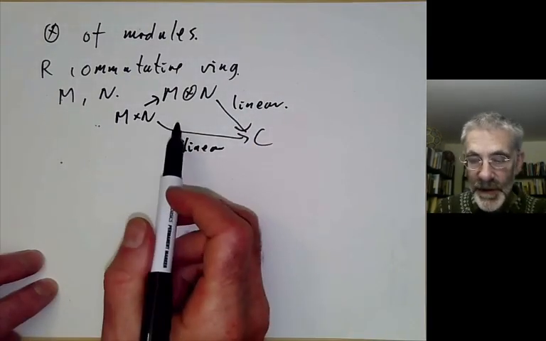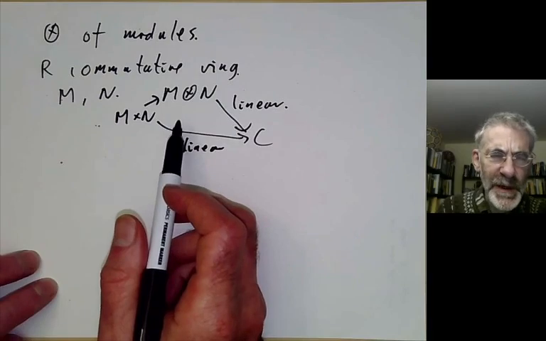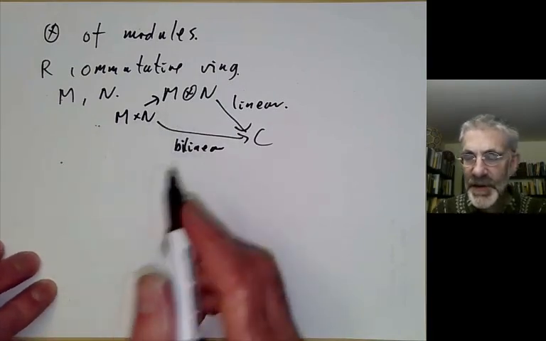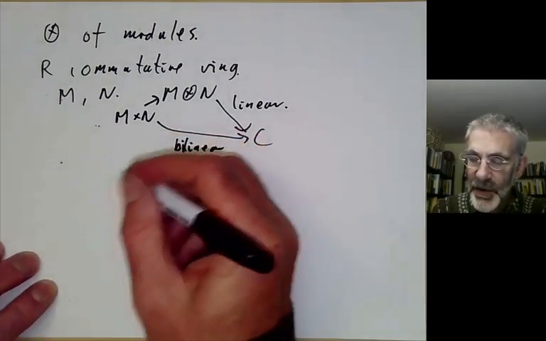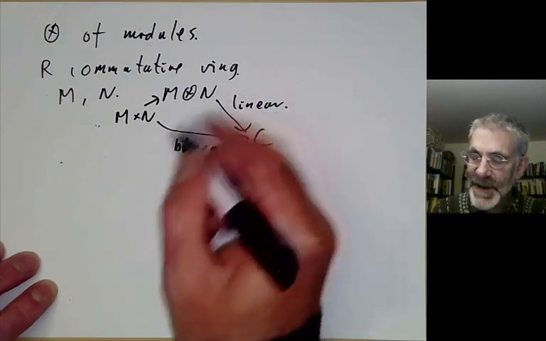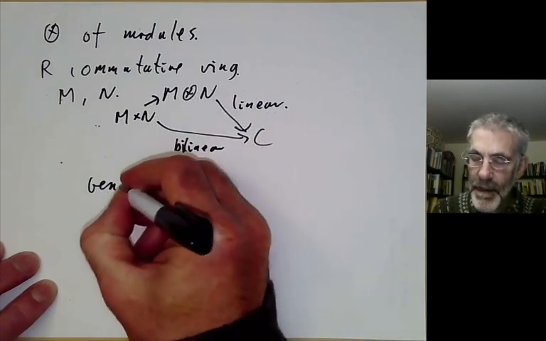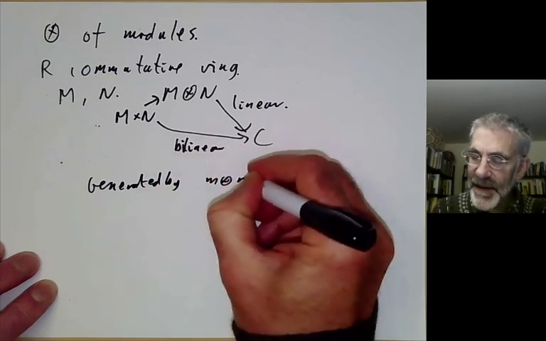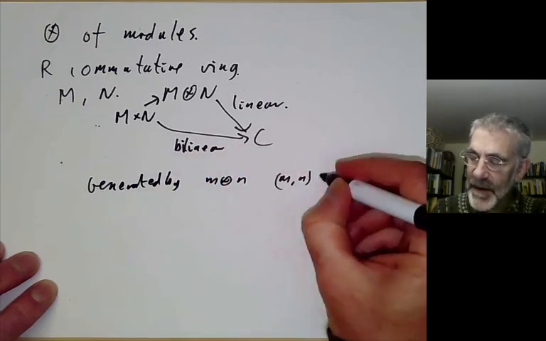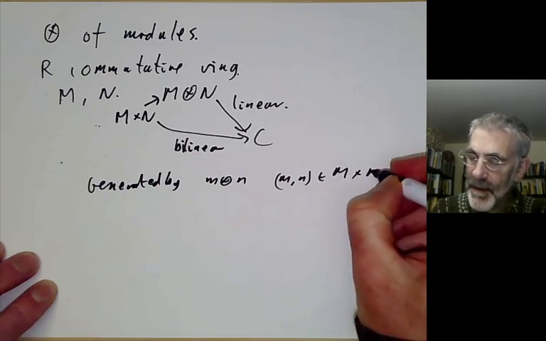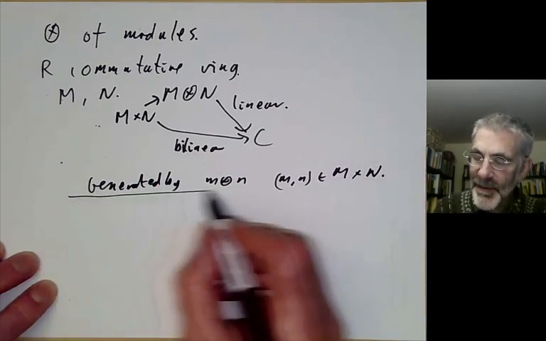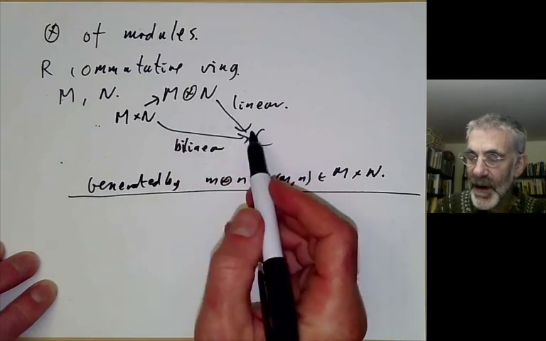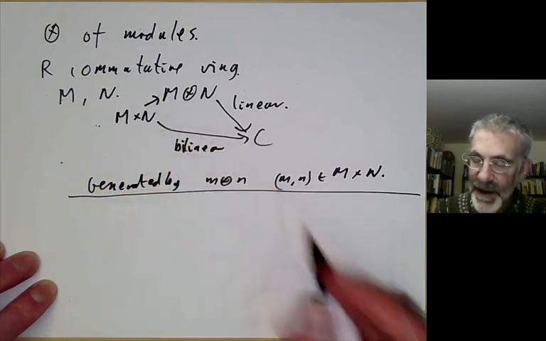And we can construct this in much the same way as we did for abelian groups, only there's one extra complication. You remember for abelian groups we take M tensor N to be generated by elements m tensor n for (m, n) in M times N, and we quotient out by some relations to make this map bilinear.